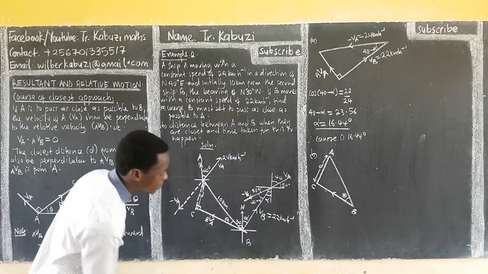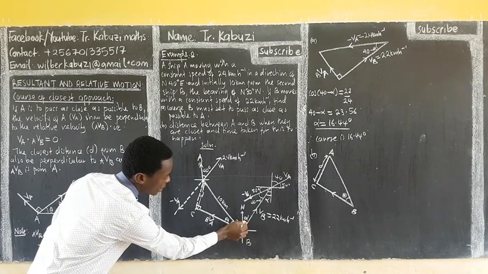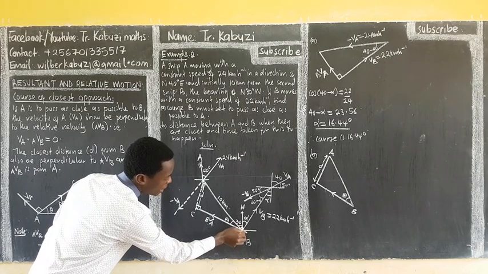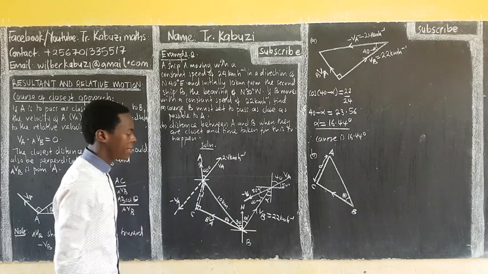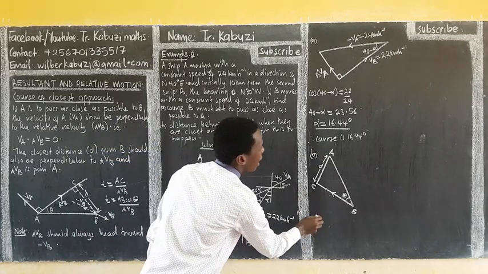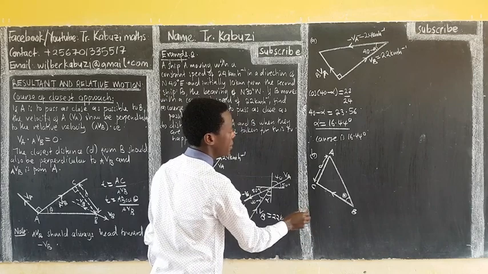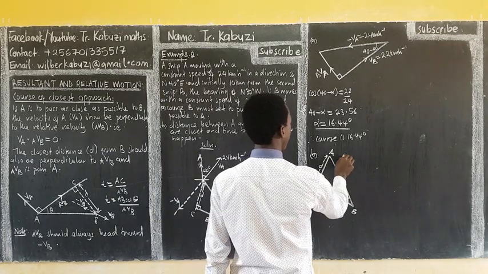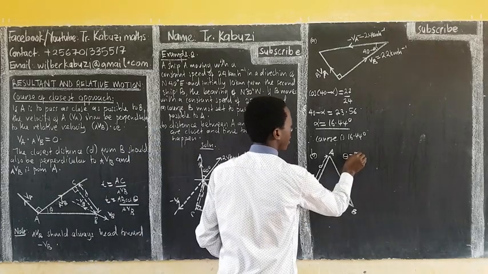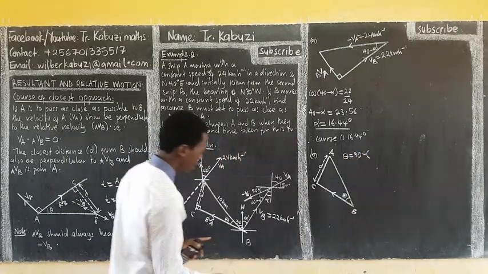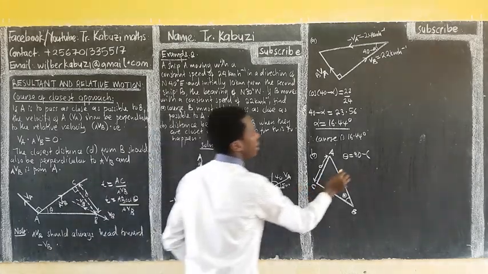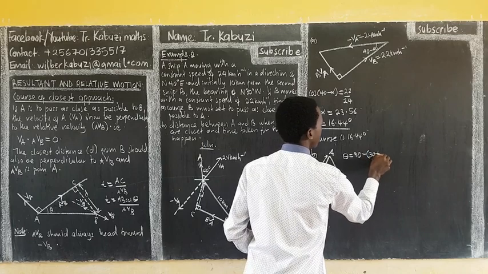Now, note, from here up to here is alpha, and from here up to here is 30, and all of this from here up to here is 90. So our theta is going to be 90 minus the sum of these two, this plus this: 30 plus alpha.